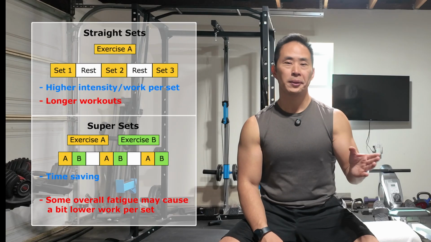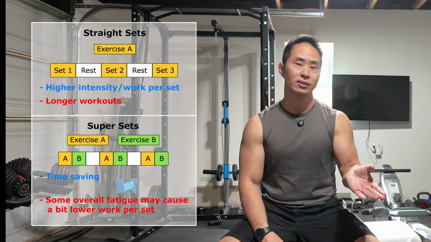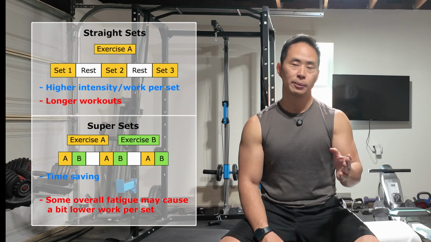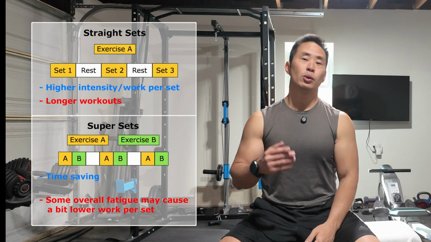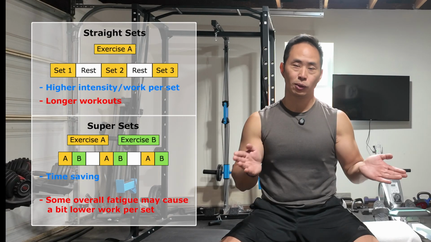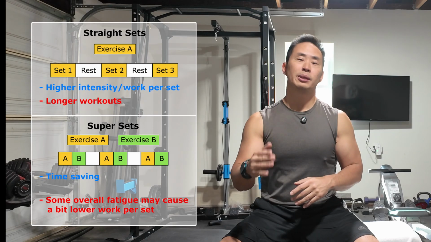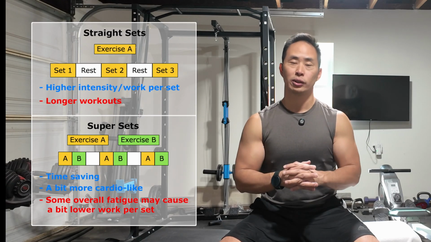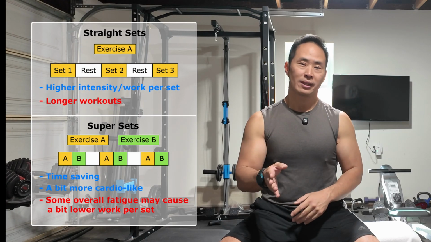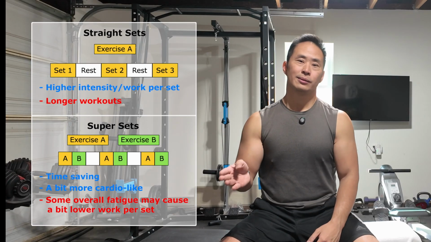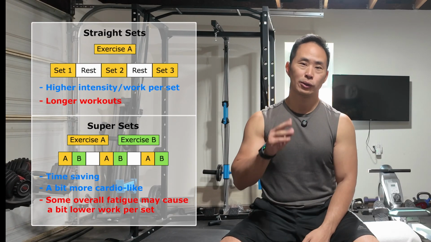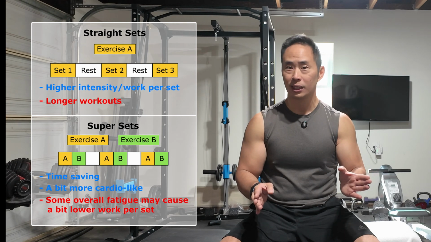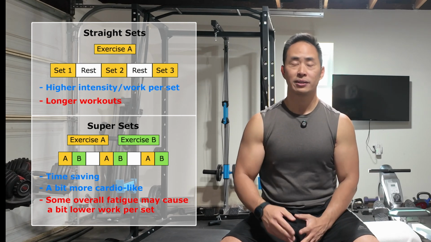So you might not be able to hit each exercise as hard as you would if you were doing them individually with breaks. But on the plus side, doing it in a circuit or superset manner, you'll also be building up a little bit more cardiovascular endurance because you're exerting strength over a longer period of time with shorter breaks. So those are the two different ways you could approach a workout and the pros and cons of each.